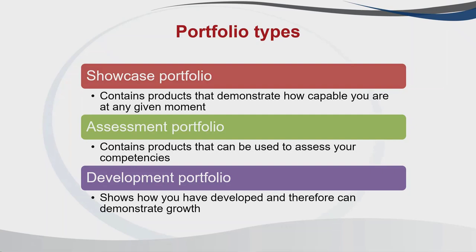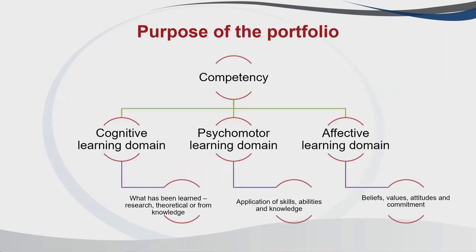A development portfolio shows how you have developed over a period of time and therefore demonstrates growth. This type of portfolio will often contain products from various stages of the process, stages in which feedback has been provided, and probably how artifacts have been improved upon, but also artifacts that are still in progress.